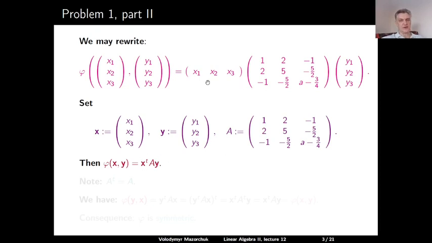So this is just a different way to write this formula. Let us note that A is a symmetric matrix, so it is equal to its transpose.